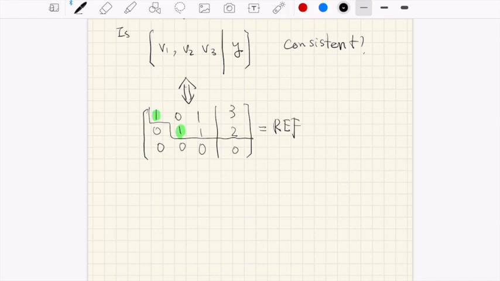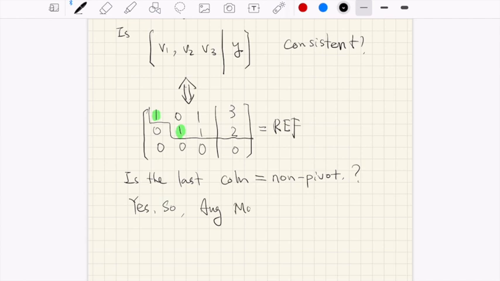Then that means, is the last column non-pivot? The answer is yes. Therefore, the augmented matrix is consistent.